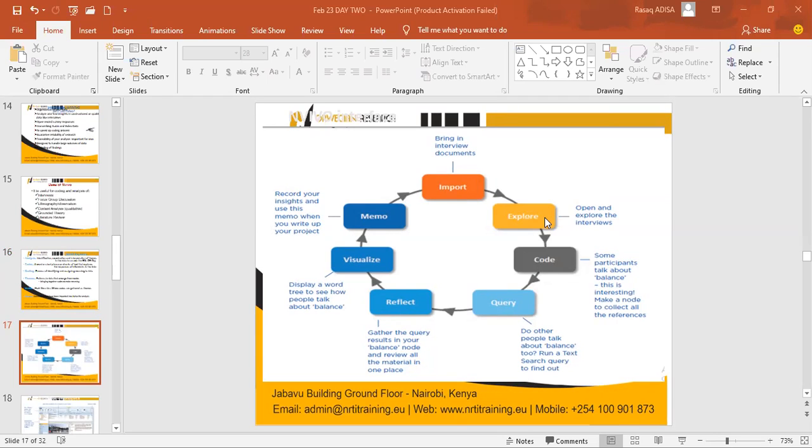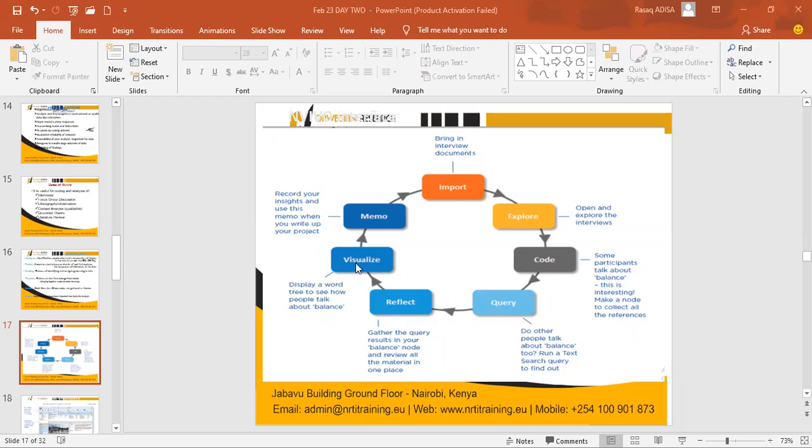Then this thing you explore, you begin by coding them. As you are reading, you'll be coding, which we have explained. Then query is the next in Nvivo, which is checking what you have coded, to see the pattern. Then you reflect on them, and as you reflect, you gather them to become a pattern, a theme.